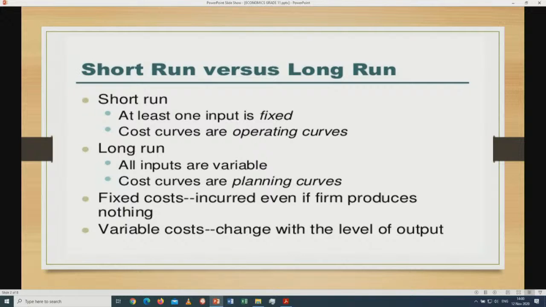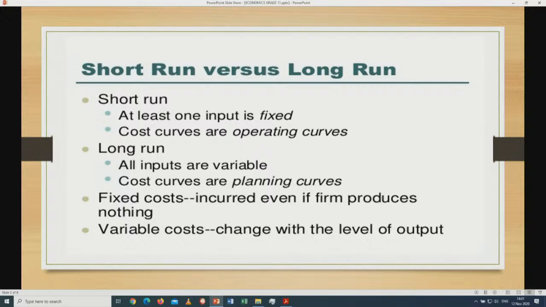We can rent a bigger space or whatever the case may be. So the short and the long run is not about 12 months, 6 months or whatever. It is about what can be done to change the inputs in order to have an output. I hope that is understood.